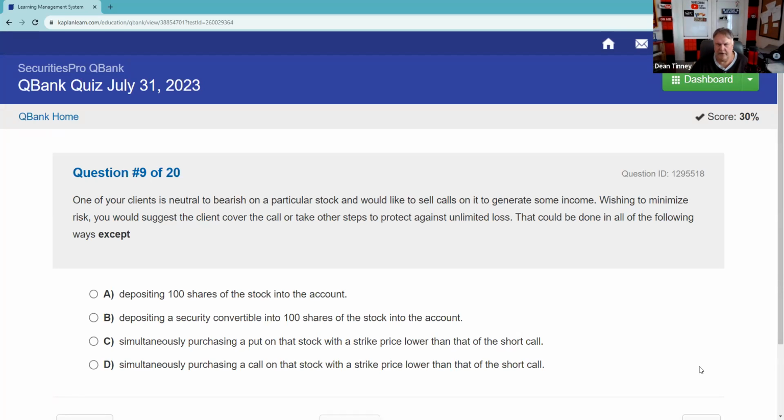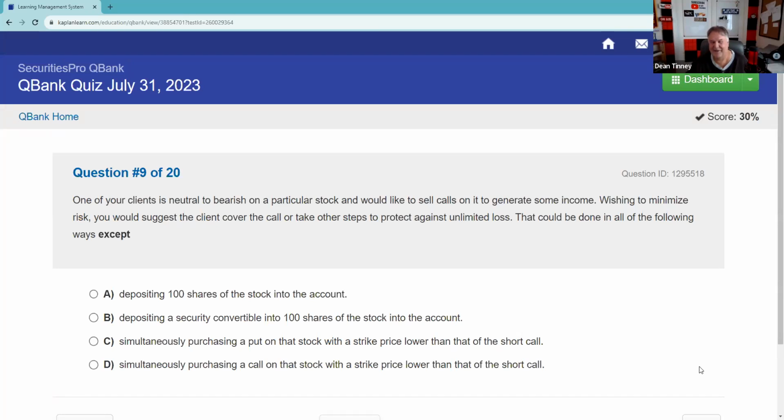So choice A says that we can minimize the risk by depositing 100 shares of the stock in the account. Well, absolutely, because that makes it a covered call. If you're selling calls, but you have the stock, that works. And B, you have a convertible bond that you can convert into the stock if you get exercised, that works. So it is indeed either C or D. And you always have to remind yourself on the except questions.